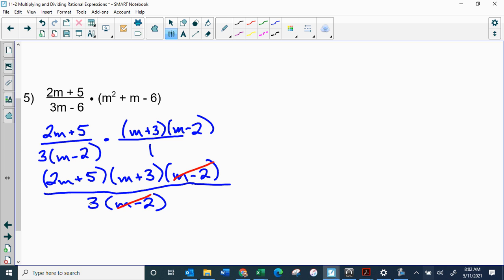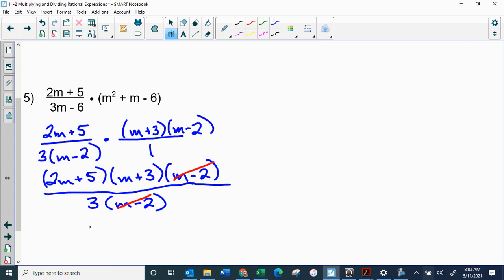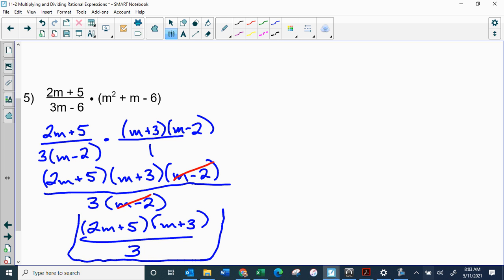The 3 has nothing that I can cancel it with, so I can't do anything else. So our answer is going to be 2m plus 5 times m plus 3 over 3. And there we go. All right, so that's examples where you have to factor first and then simplify.